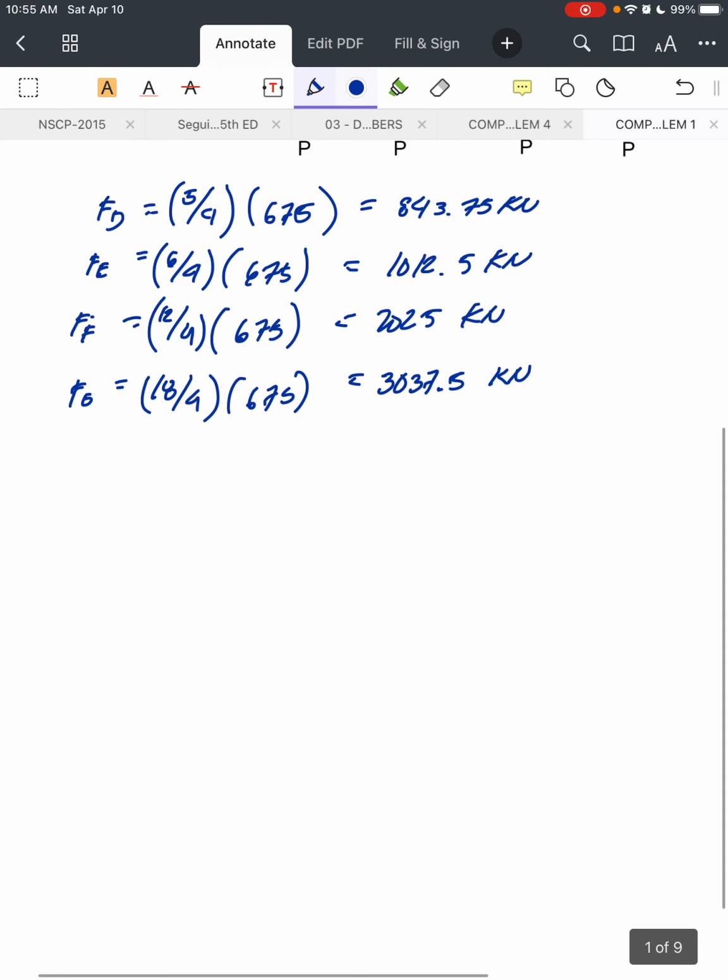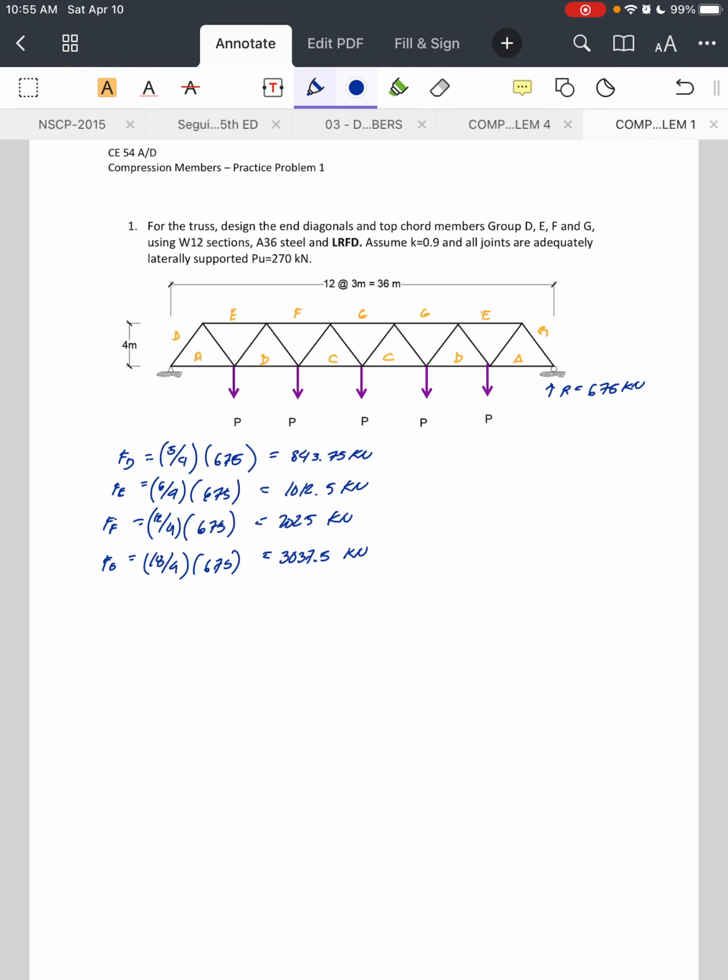Okay. So we now have our values for all the internal forces of the member groups. So we can now design our members, right?